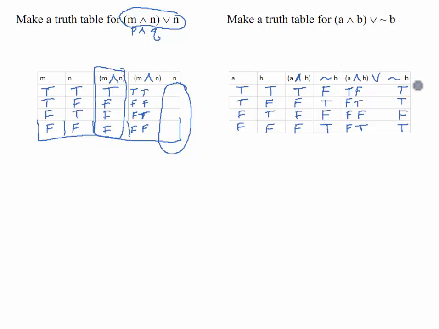So this final statement, this would be my result. Depending on whether A and B are true, this is how my final statement would come out. So if A is true and B is true, then this statement would also be true. If A is true and B is false, this statement would still be true. If A were false and B was true, then my whole statement would be false, and so forth. Kind of goofy.